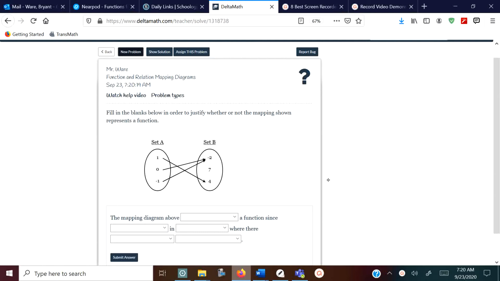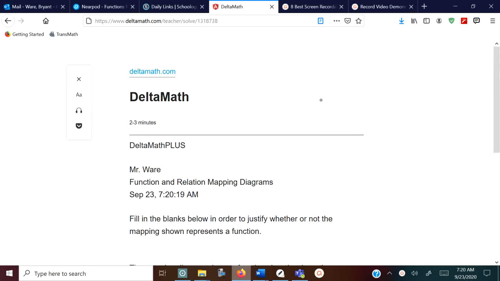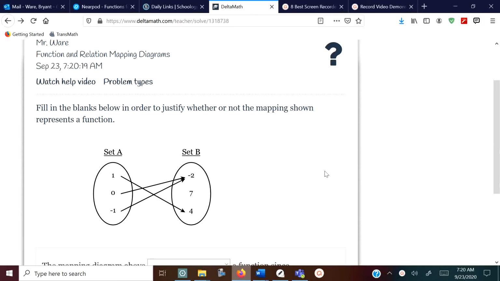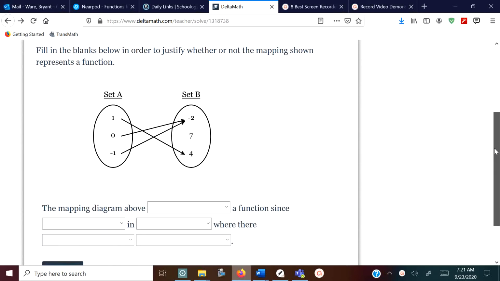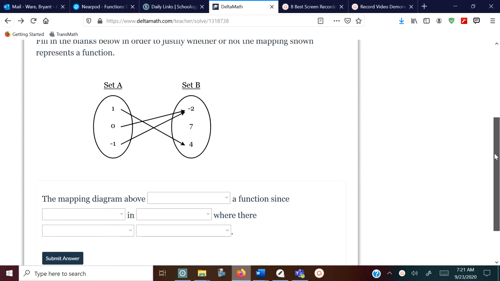It says here, fill in the blank in order to justify whether or not the mapping represents a function. So what do we do?